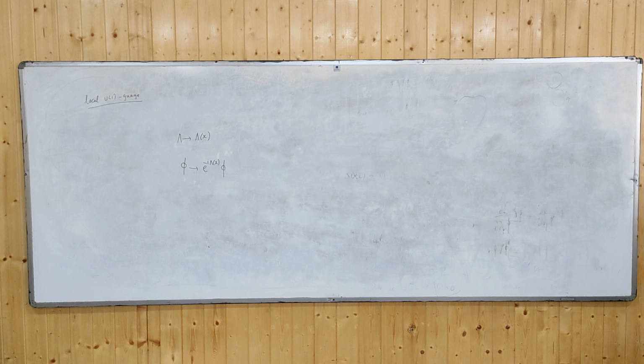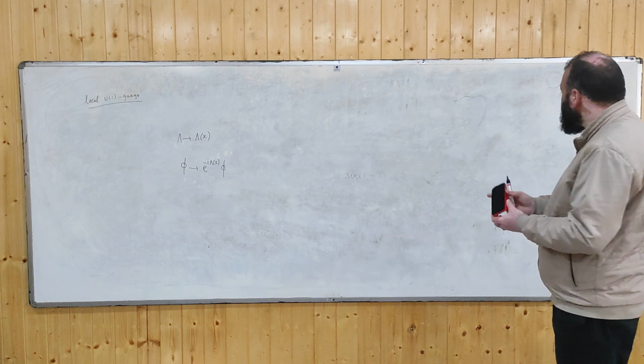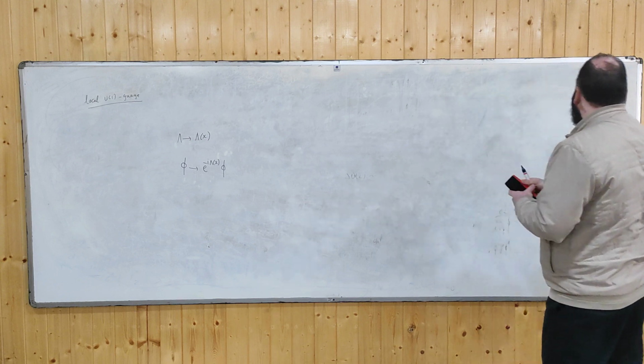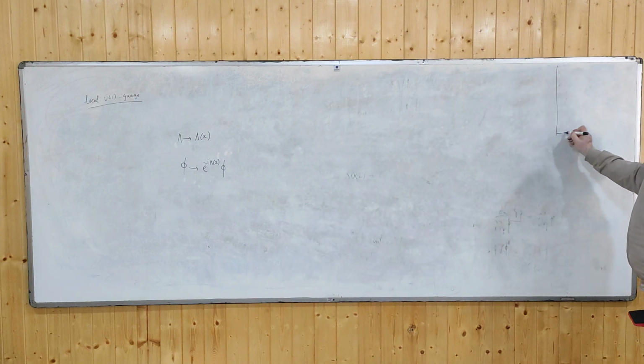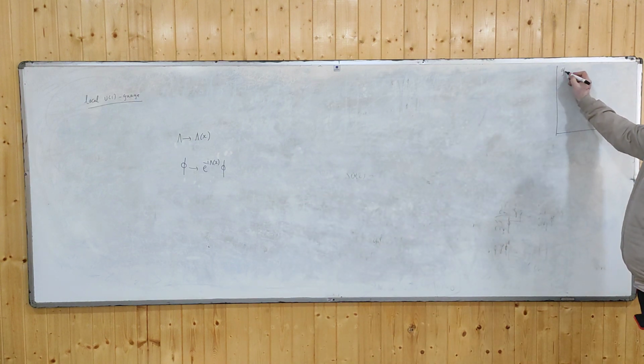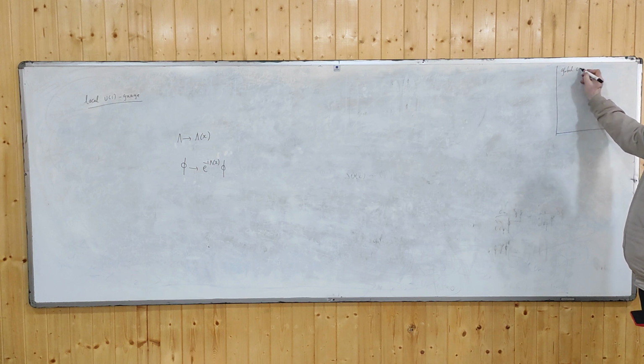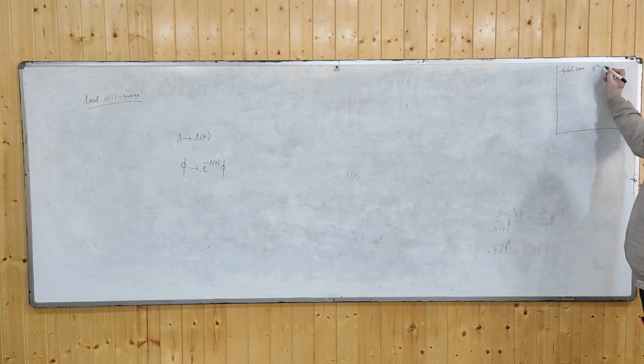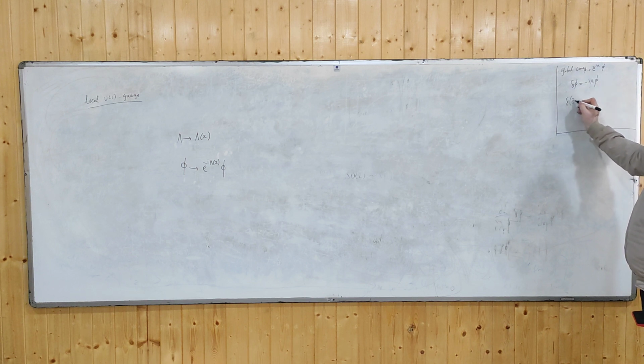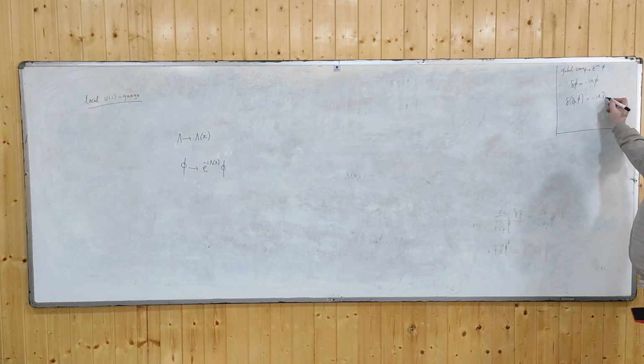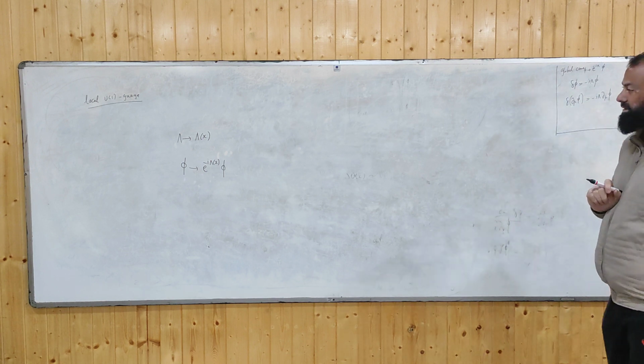First thing, since we are considering the infinitesimal, let me write for the global case. You are having e raised to the power minus i lambda, phi goes, so delta phi is equal to minus i lambda phi. So this will be correct.